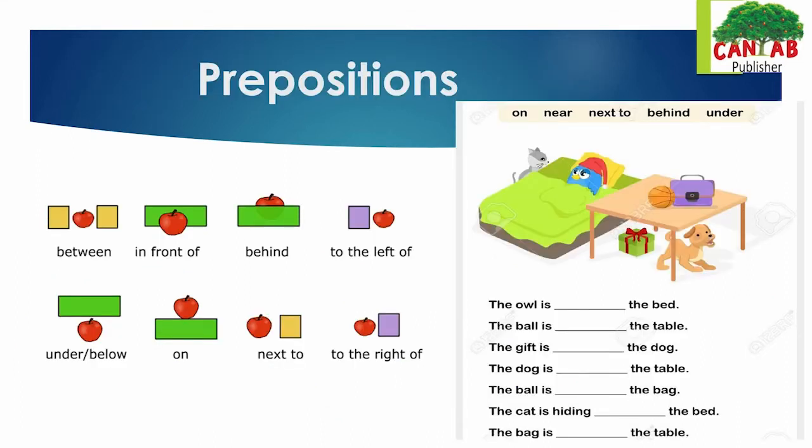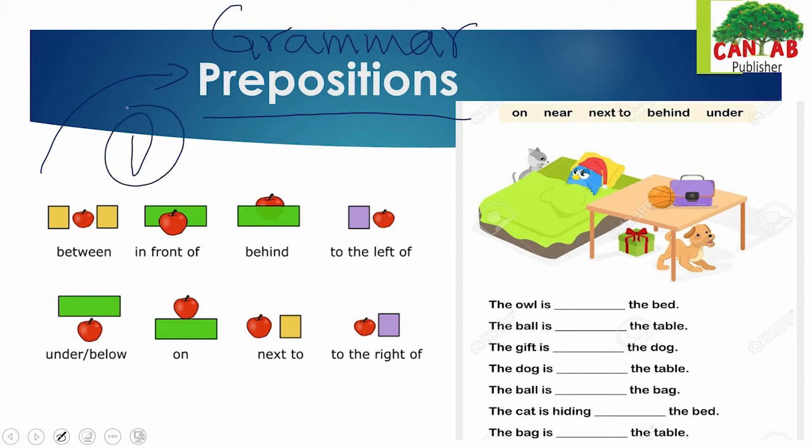Now let's come to the topic which is in our book about prepositions. Prepositions is another topic in the grammar section of English language, and it's a really interesting one and a simple one to remember as well. What object, what noun do you see in poster number 1?